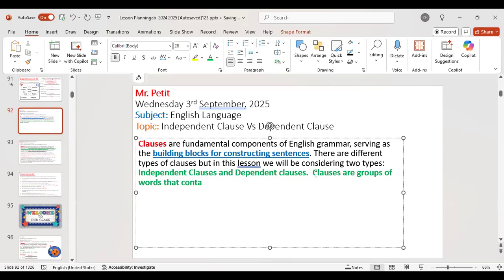that contain a subject and predicate, and they come in various types, each with distinct functions and characteristics.